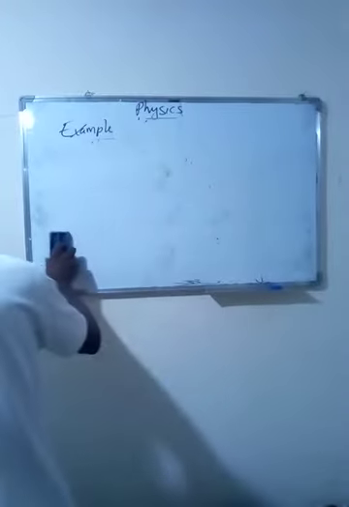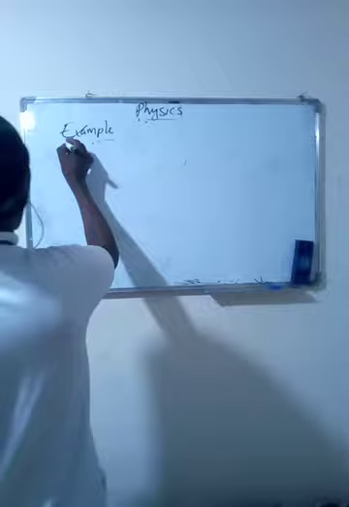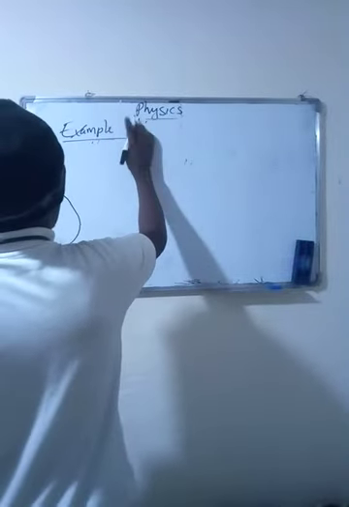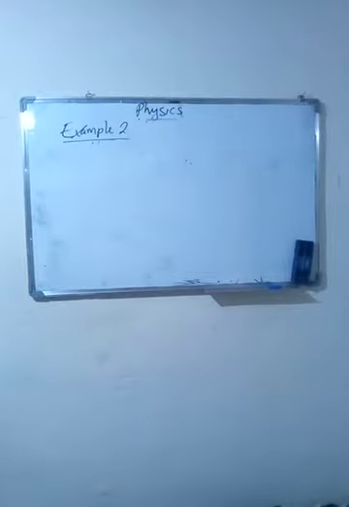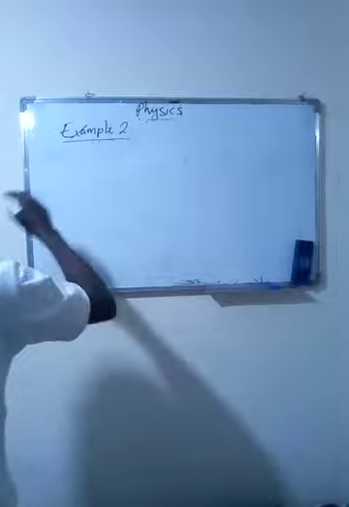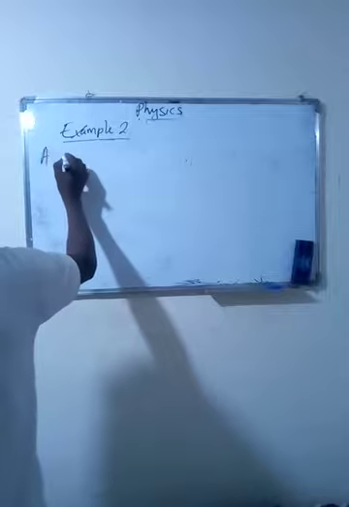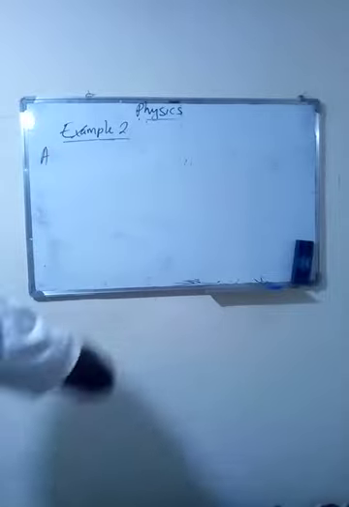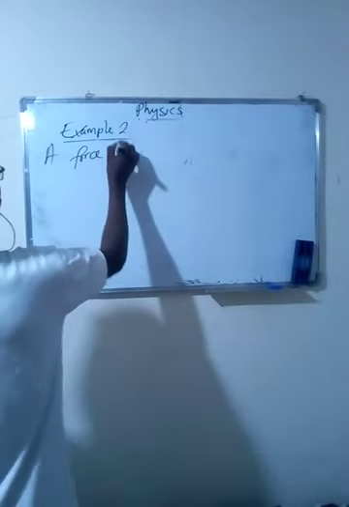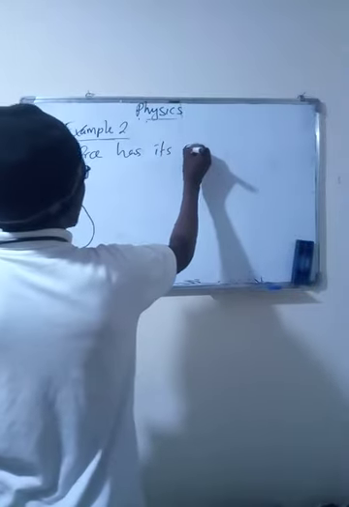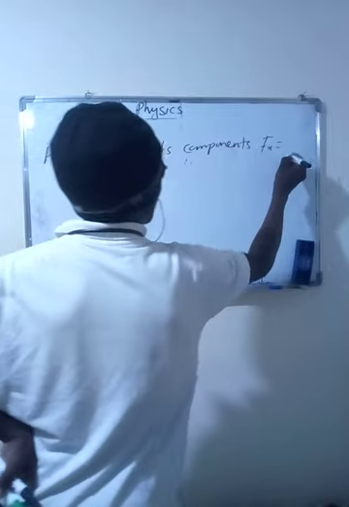So let's say a force has its components Fx equal to 4 newtons, and Fy equal to 3 newtons.